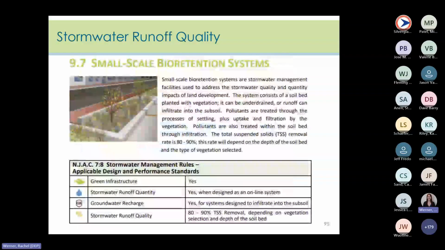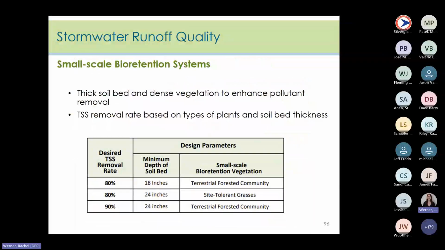So moving on to small-scale bioretention systems, which are also common because they can be underdrained to not infiltrate. Again, shown here is the summary page. And notice that it says 80 to 90% TSS removal. Why is this? Well, because the TSS removal rate varies based on the soil bed depth and the type of vegetation.